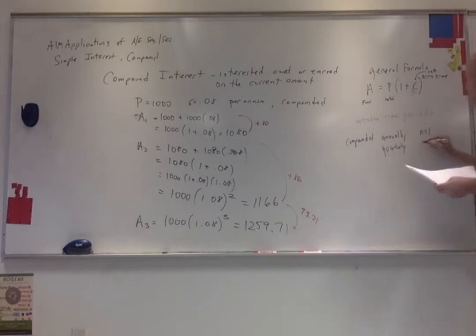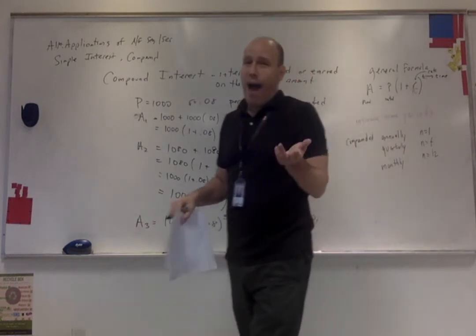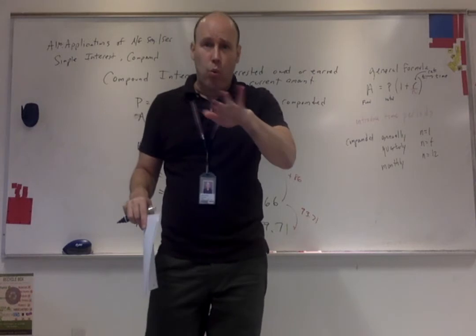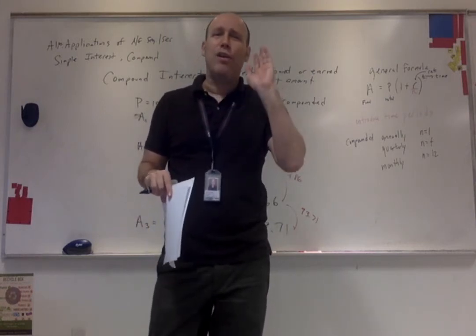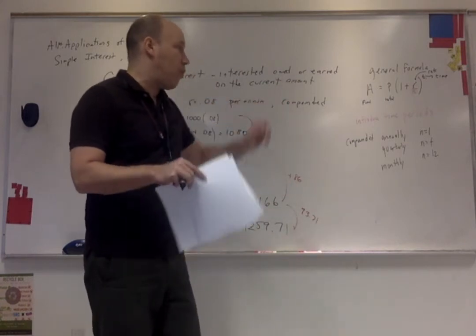Quarterly, which is n equals 4, and monthly, which is n equals 12. Now, you might remember when I still had you with the HL kids, we compounded it an infinite number of times, and that's where we got e from, but don't worry about it. We're on a different track. IB doesn't even get to this till like a couple of units, so we're fine just with these 4.